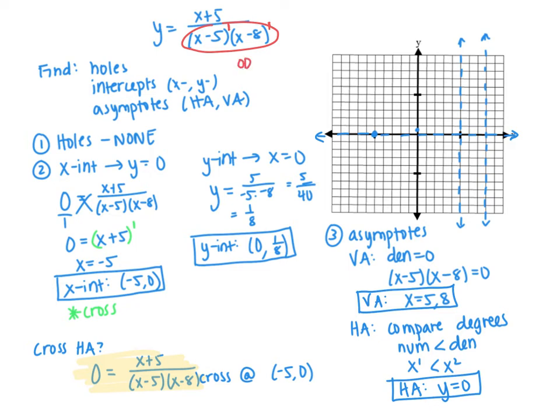What that odd power means is that our graph is going to go in different directions. So what I like to do is write that above the asymptote. So we are going to go different directions here, and we are going to go different directions here.